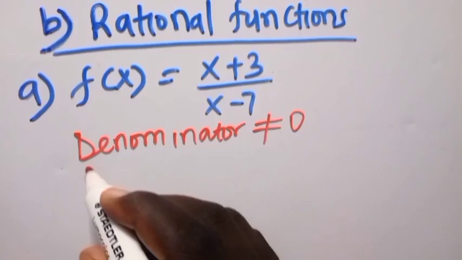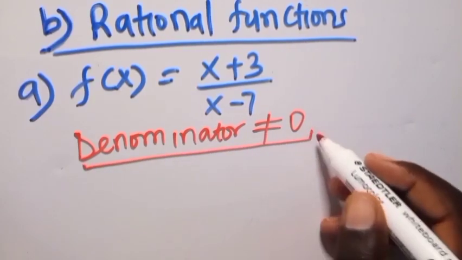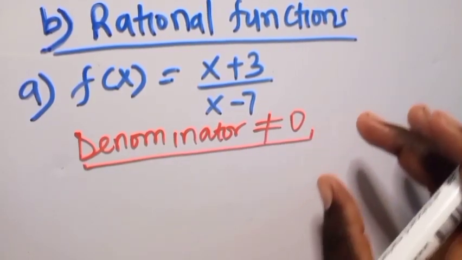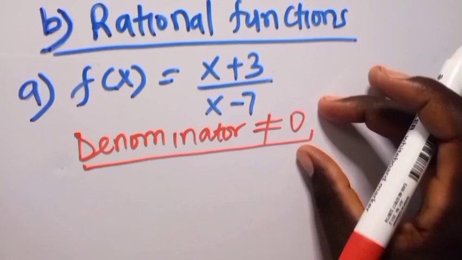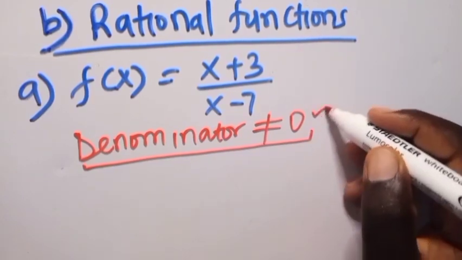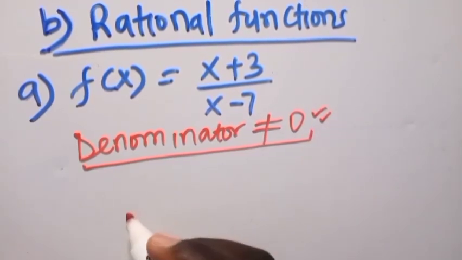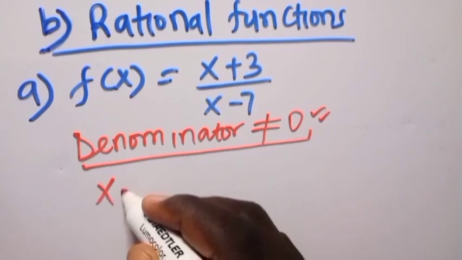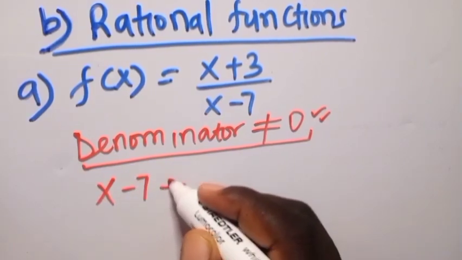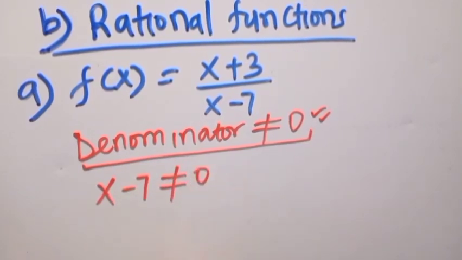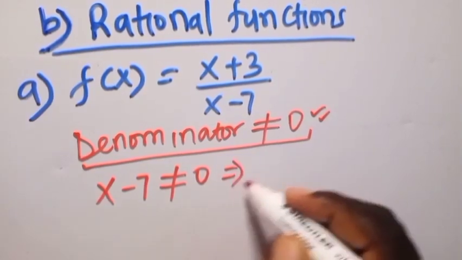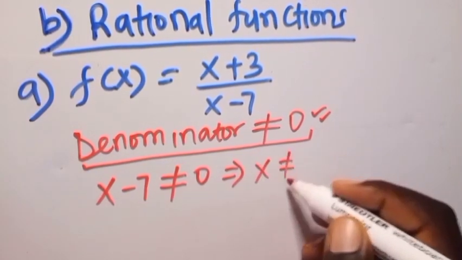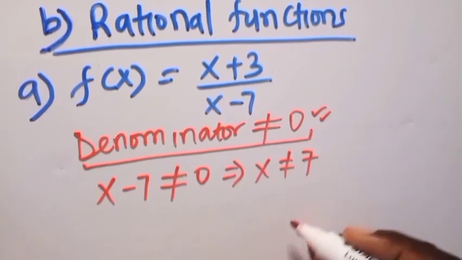Now let us consider this rule that we cannot divide by 0, and therefore we set the denominator not equal to 0. The denominator is x minus 7, so it should not be equal to 0. That means x should not be equal to 7.